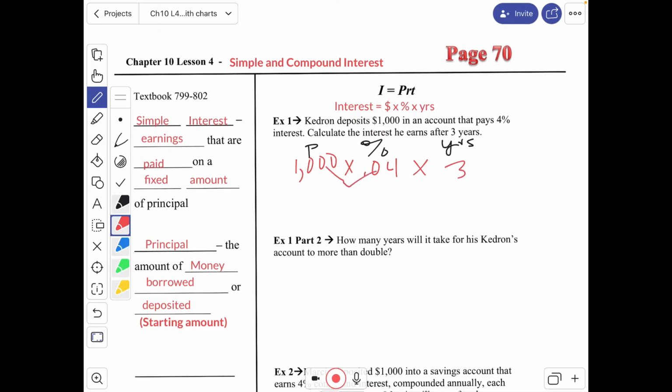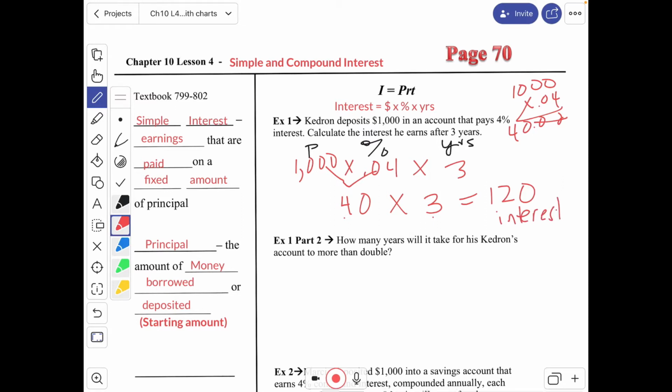I'm going to multiply 0.04 times 1,000. Which got me $40. I can drop the last 2 zeros, so just 40 times 3. 3 times 4 is 12, put another 0. So he's getting $120 in interest.